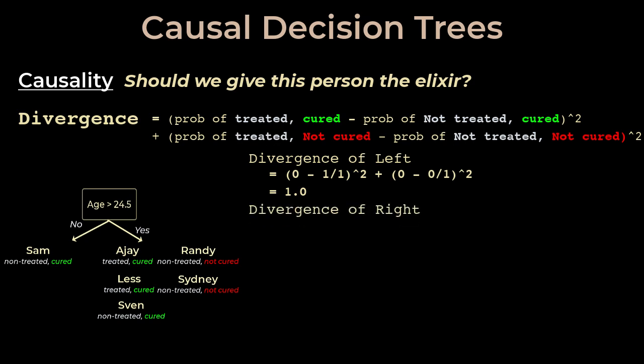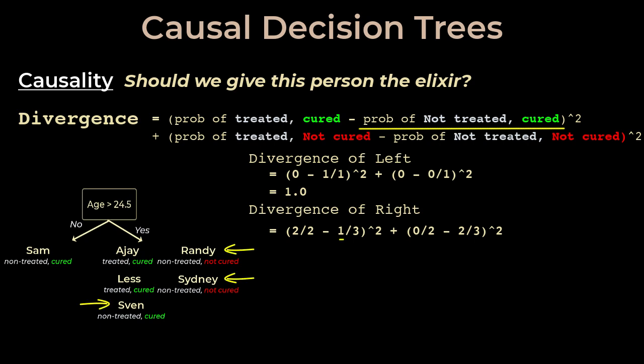Now for the right node, we have a lot more participants here. The first term is the number of treated people who got cured, which is 2, divided by the total number of people who were treated, which is also 2. Hence 2 over 2. The second term is the number of non-treated people who got cured, which is 1, divided by the total number of non-treated people, which is 3.